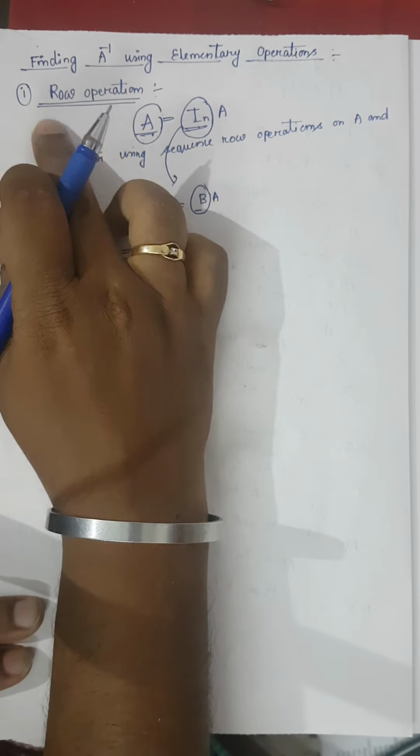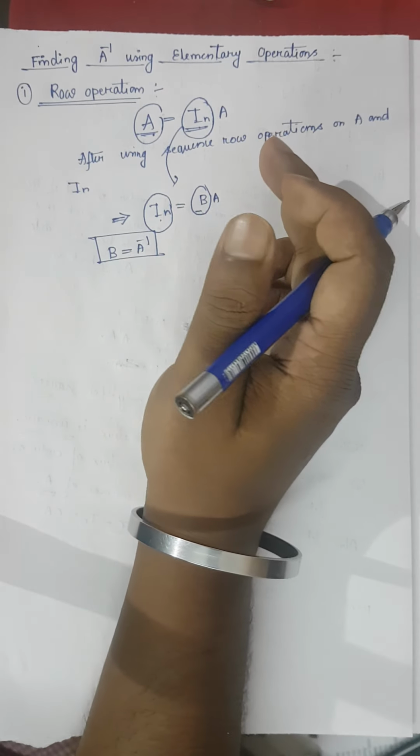This is called elementary row operations to find the inverse of a given matrix.